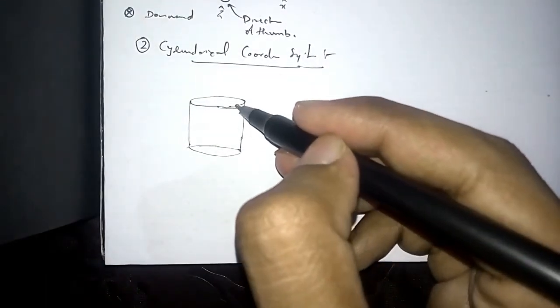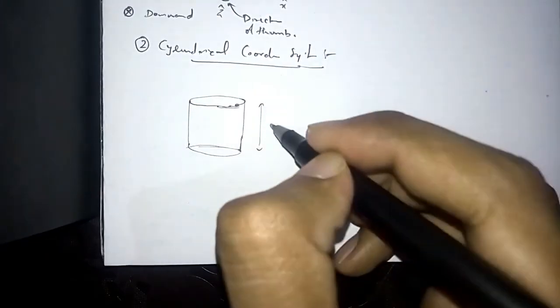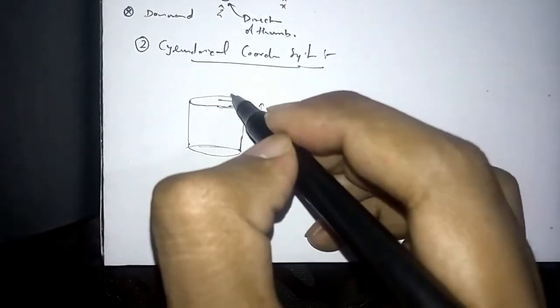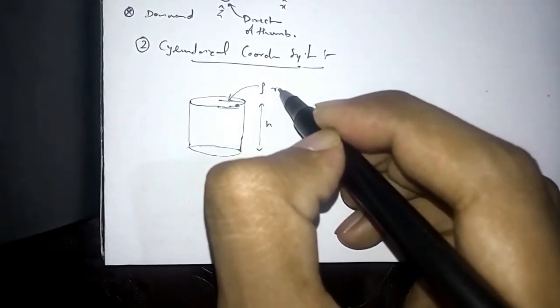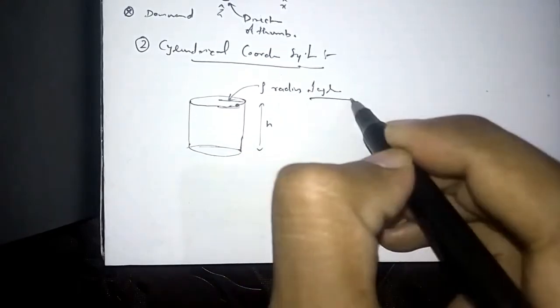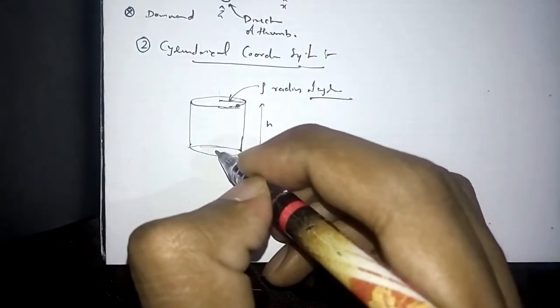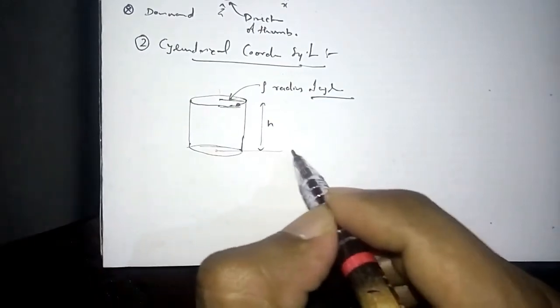This is the height of the cylinder and this is the radius of the cylinder. In this coordinate system, we take the base of the cylinder as the origin.